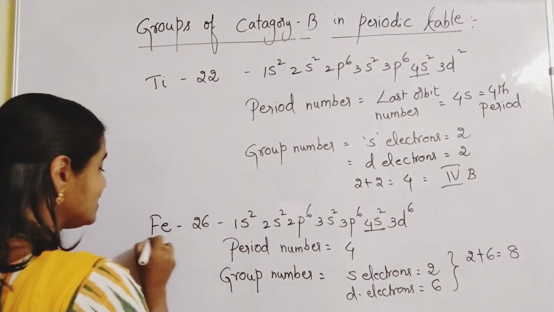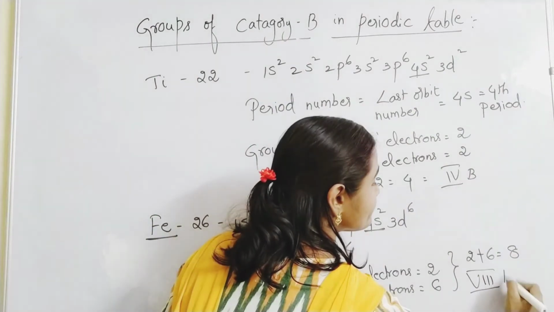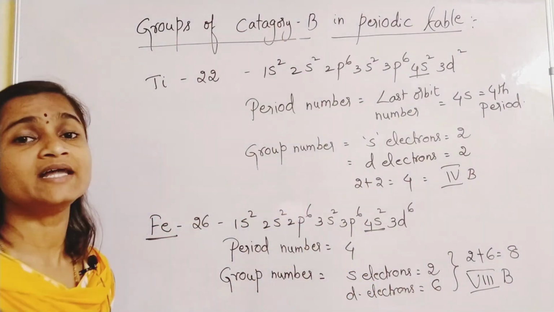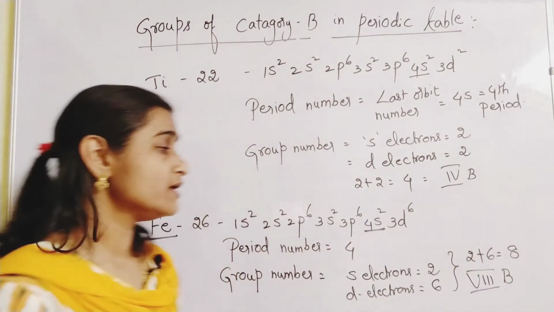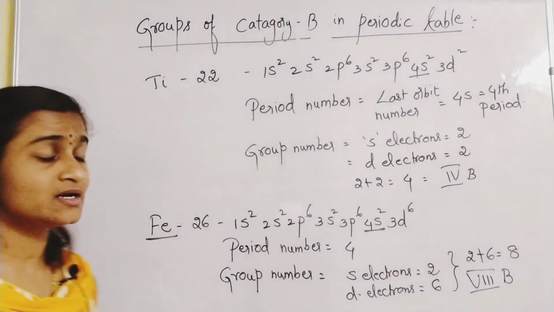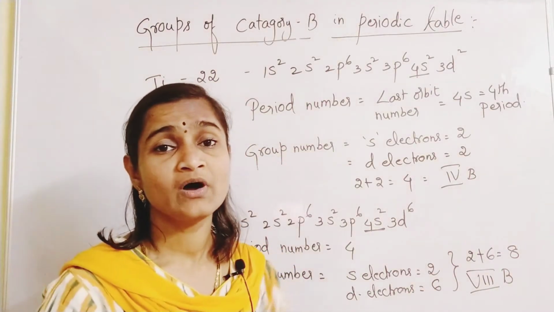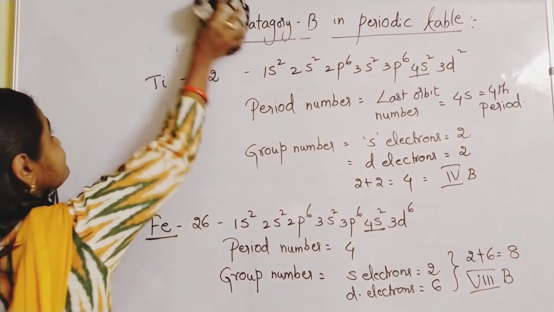So iron belongs to which group? 8th B group. D electrons are filled, that's why it belongs to B category group.